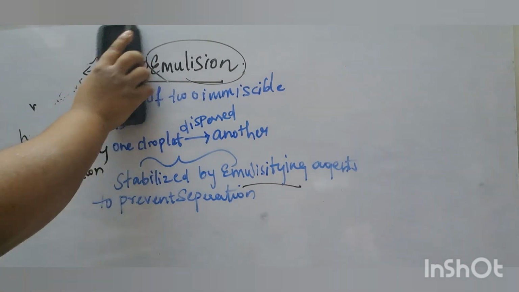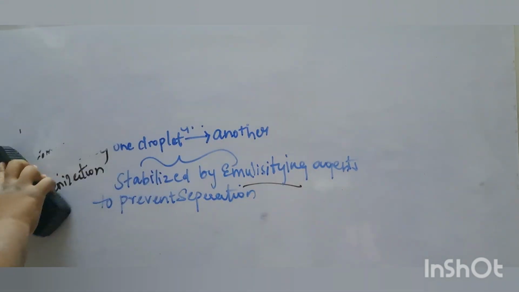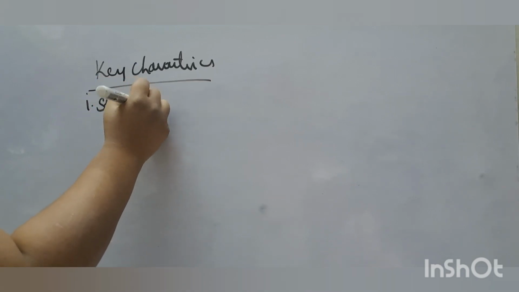And the key features of this nanotechnology, I'll write here. The key characteristics of these nano emulsions are stability. Why? Because we are using an emulsifying agent to stabilize the emulsion.